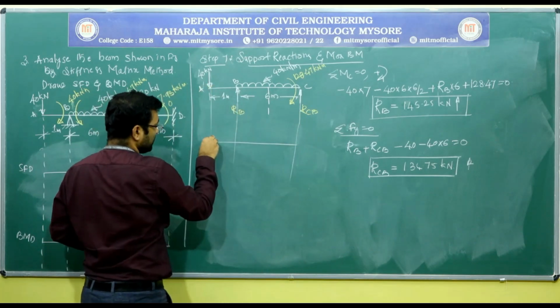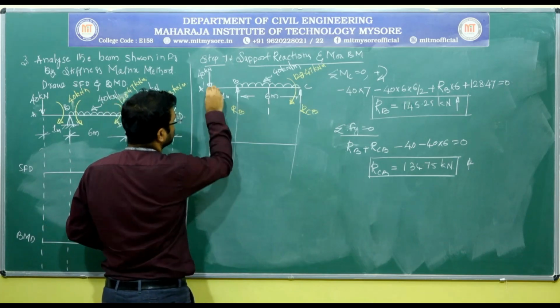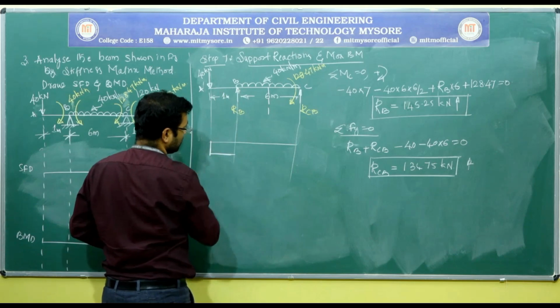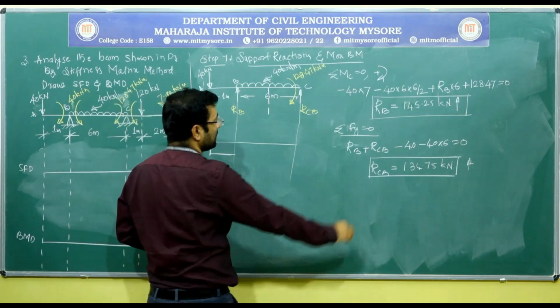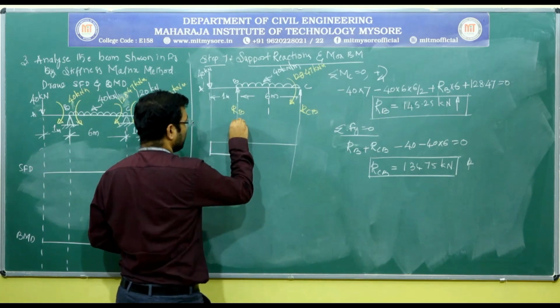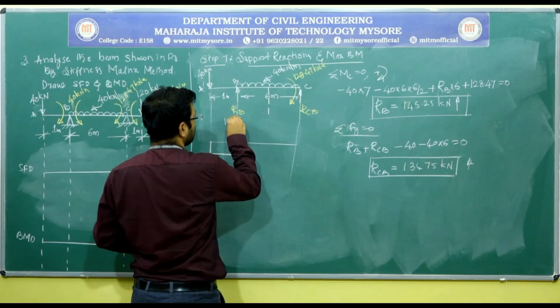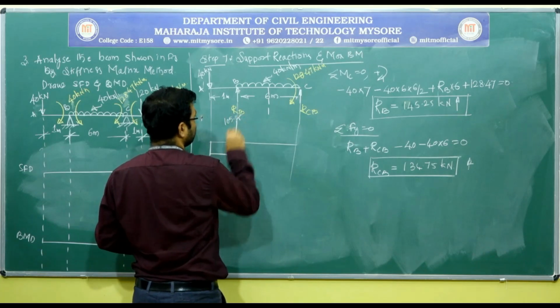So this is 40 kilonewton acting vertically downwards. As there is no load, I have to maintain the constant, and RB it is 145. So 40 minus 145, it is about 105.25.